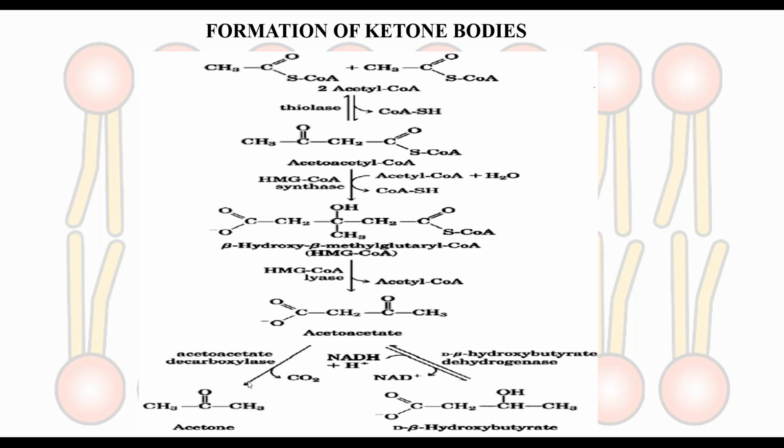So just see the difference, less than 3 and 90 milligrams per 100 ml, which is causing acidosis, called ketoacidosis, and it is changing the blood pH. It is also called ketonemia. The presence of ketone bodies in the blood is called ketonemia.